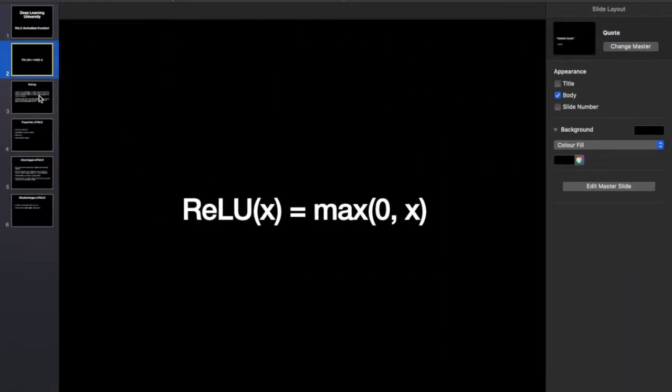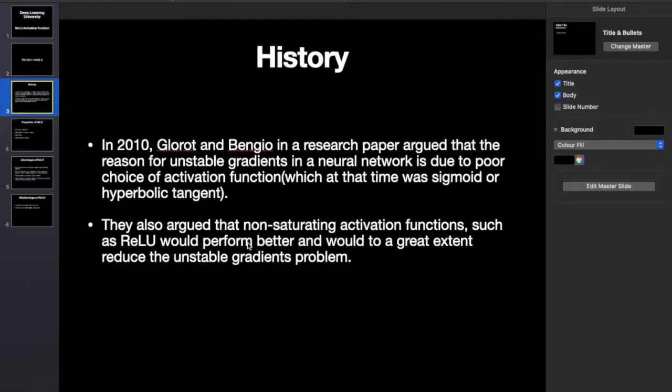Now let's look at a history of ReLU. It was suggested in 2010 in a research paper by these two researchers. They argued that the reason for unstable gradients in a neural network is the poor choice of activation functions. During that time, the two activation functions mostly being used were the sigmoid and the hyperbolic tangent functions.